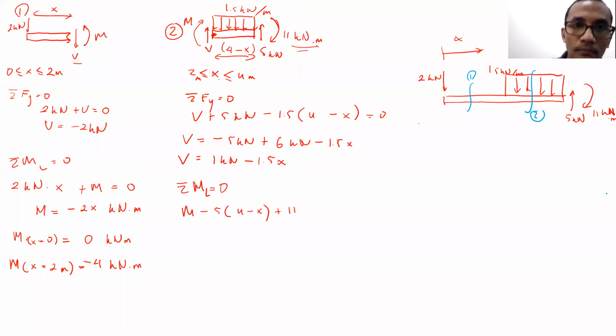Okay, and then from 1.5 kilonewton per meter, it's supposed to be clockwise as well. So 1.5 multiplied by 4 minus x, it's supposed to be the force, right? This one. And the centroid is supposed to be in the middle.